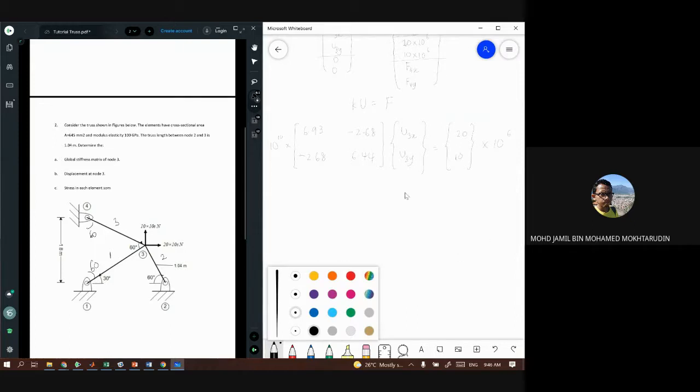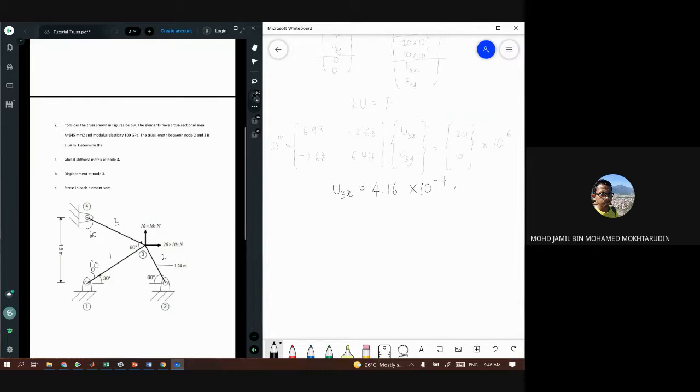Okay, so you use your calculator, you get U3x equals 4.16 times 10 power of negative 4 millimeter. And U3y, you get 3.28 times 10 power of negative 4 millimeter.